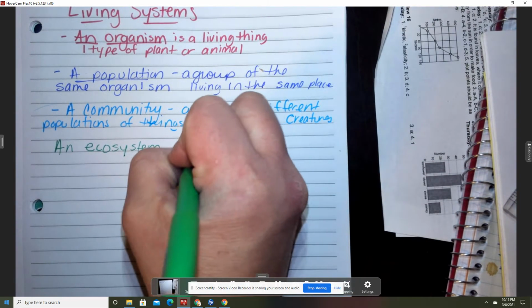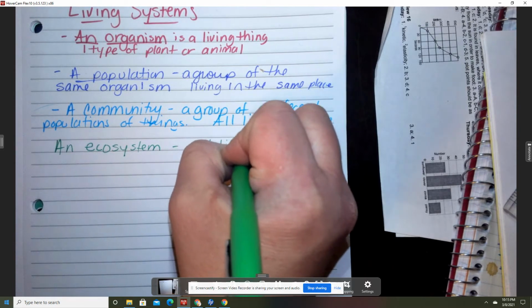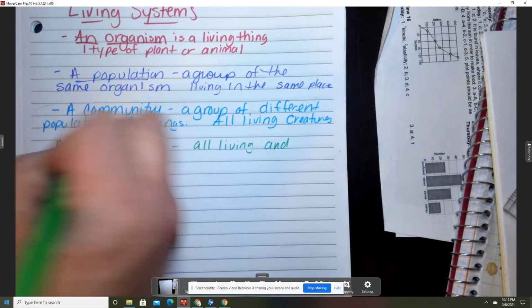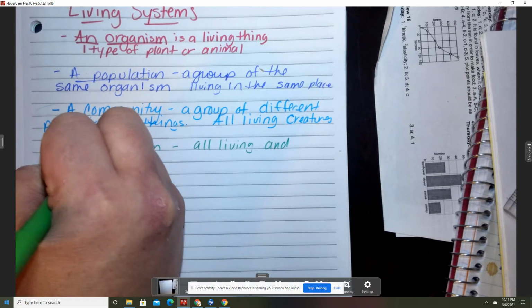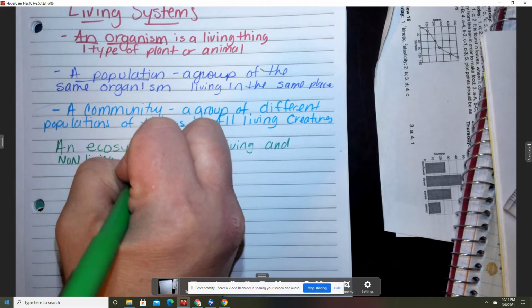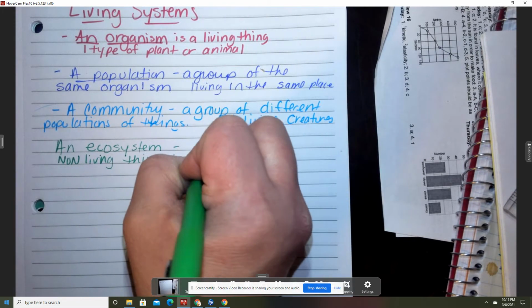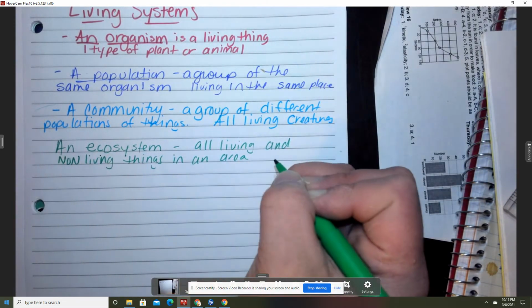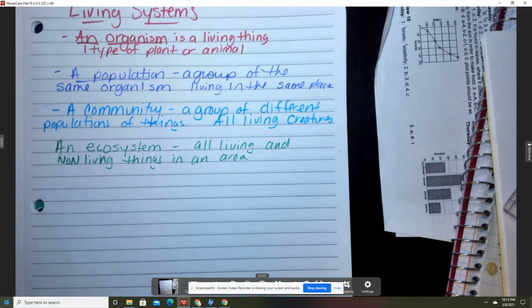Okay, so like a forest, all the non-living things, the air, the water, the dirt. Those would be all the non-living things in an ecosystem. But then you put the community in there with all the animals, and that's what makes up an ecosystem.